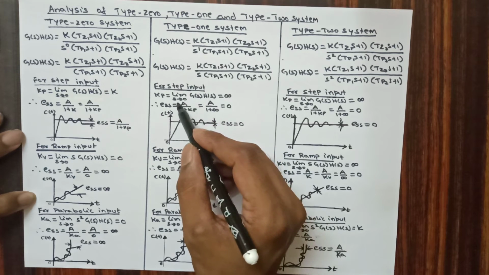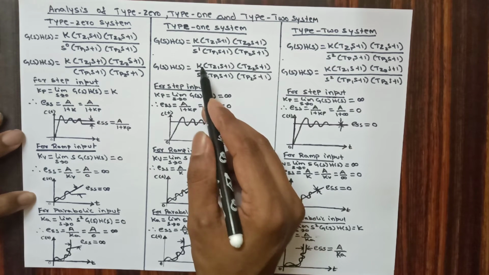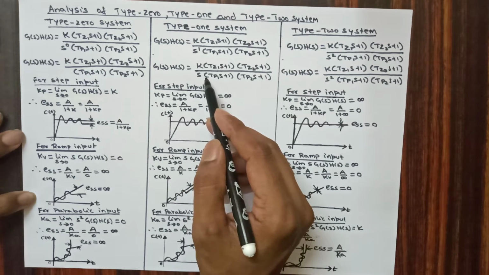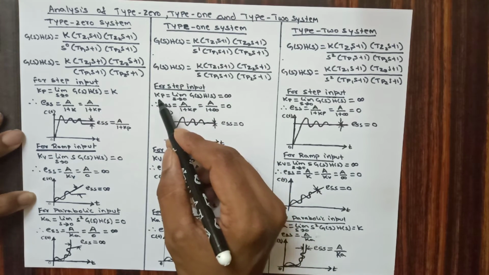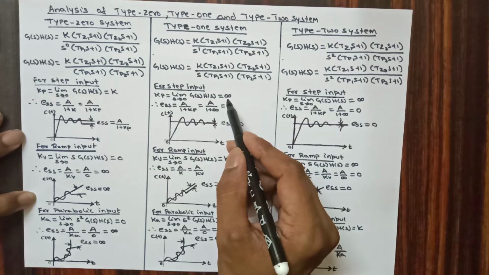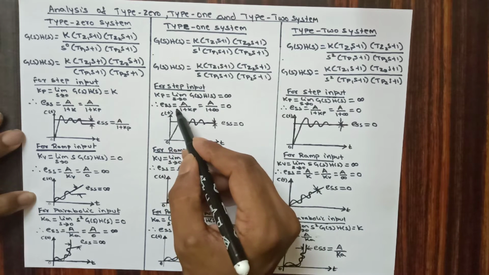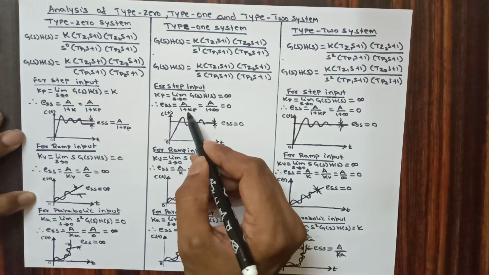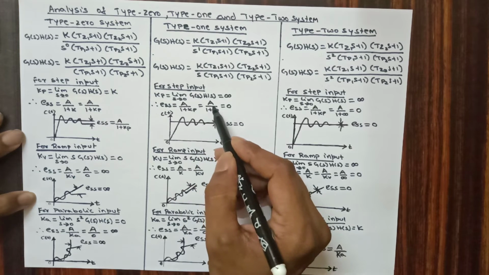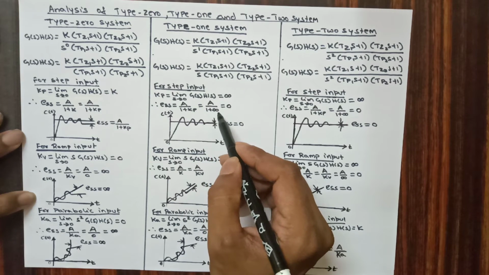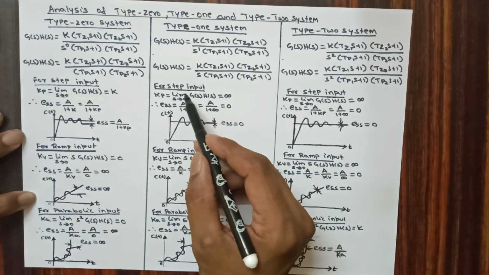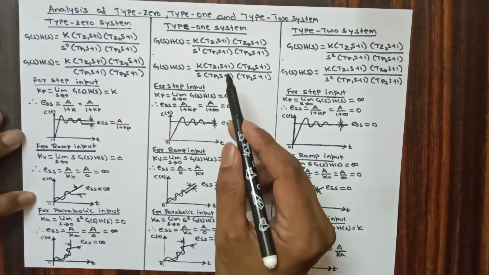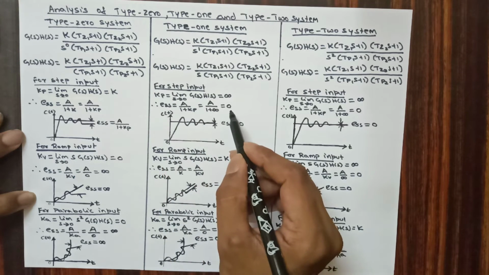When I apply limit s tends to 0, anything divided by 0 is infinity. So for step input for a type 1 system, Kp is equivalent to infinity. Therefore the steady state error is A divided by 1 plus Kp, equal to A divided by 1 plus infinity. Anything divided by infinity is 0.